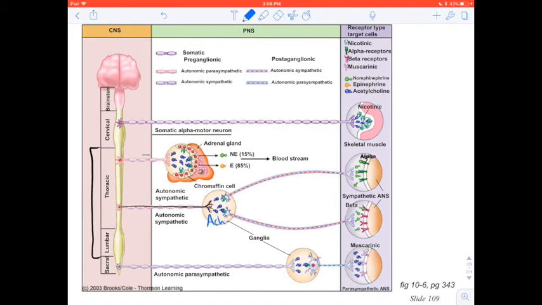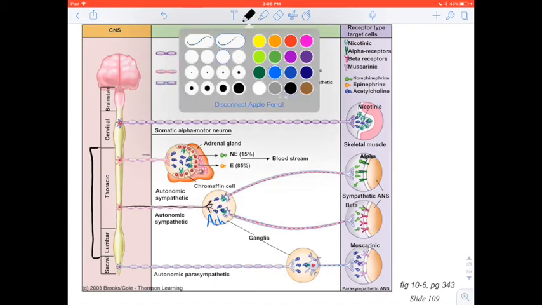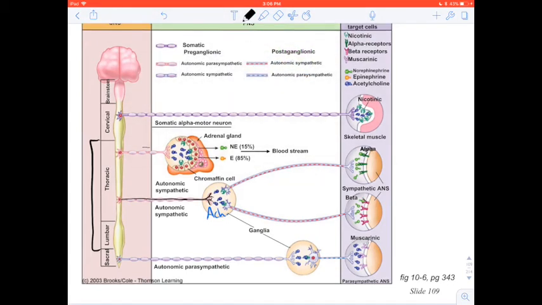Now, I know what you think. You're probably thinking, sympathetic, I always associated sympathetic with adrenaline or epinephrine. That's true, but not for the preganglionic. And while we're at that, let's go ahead and trace this parasympathetic coming out of the sacral to its synapse right here. And it's also going to secrete acetylcholine. All right, so now we have a rule. All of our presynaptic neurons, whether they are sympathetic or parasympathetic, will always secrete acetylcholine.